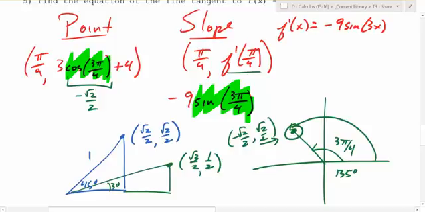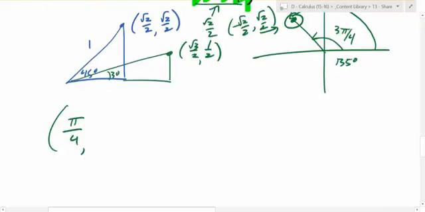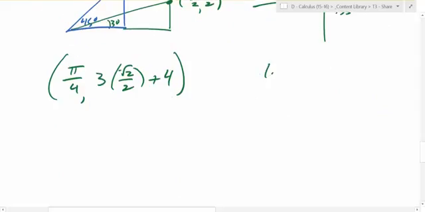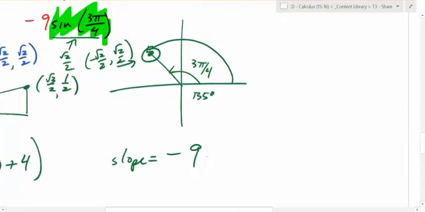And what is this one right here going to be? Root 2 over 2. So your point becomes pi over 4, comma, 3 times negative root 2 over 2 plus 4, right? And what's your slope? The slope is going to be negative 9 times root 2 over 2.